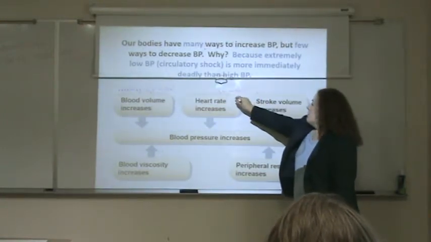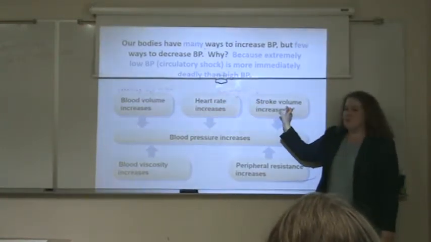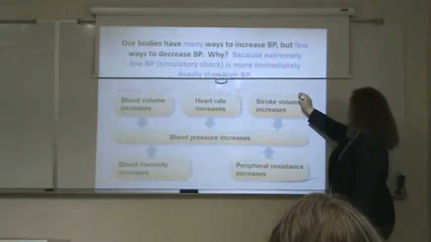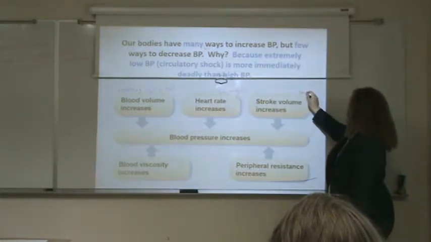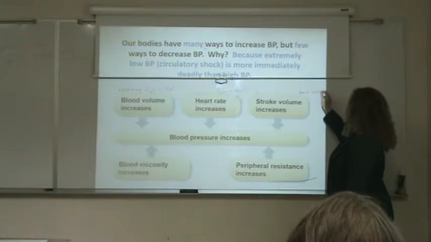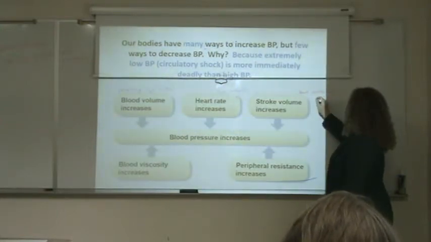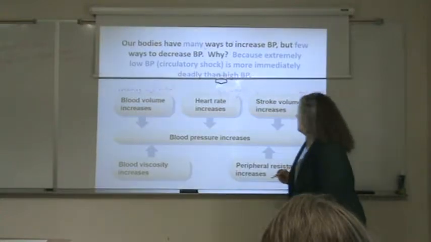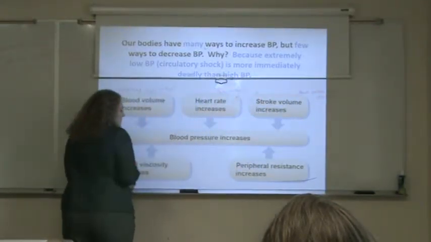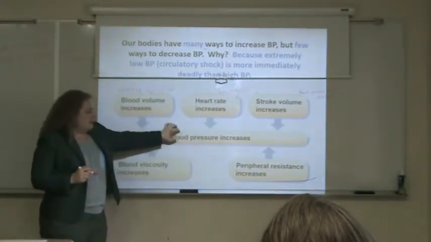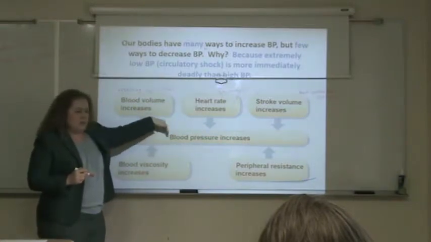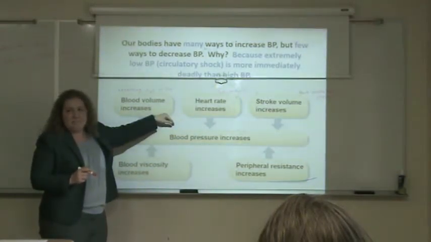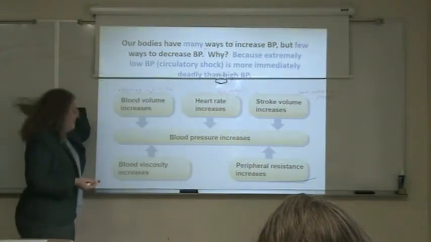Our heart can beat harder. Sympathetic nervous system would do that as well. So your heart contraction strength goes up. Any of those things can cause your blood pressure to temporarily increase, and your body has multiple ways to enact that for you.